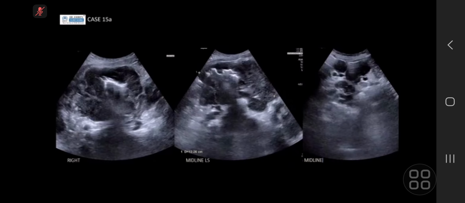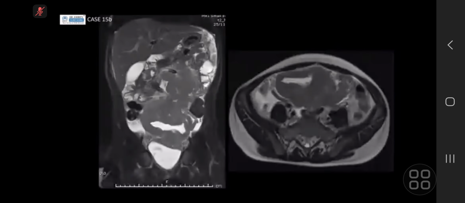And can I go to the MR images? Yeah. These are the coronal T2 weighted and axial T2 weighted images showing evidence of a thickened bowel loop, showing aneurysmal dilatation, and either it can be a heterogeneous lesion with central necrosis.